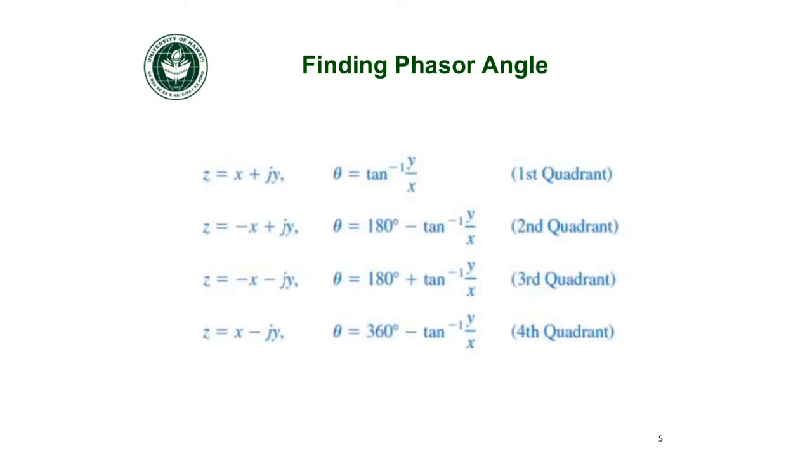So, if it's a real number plus a positive imaginary number, then it's the equation shown on the previous slide. But if you have different combinations, then you will need to change what that equation becomes in order to figure out the phase angle.